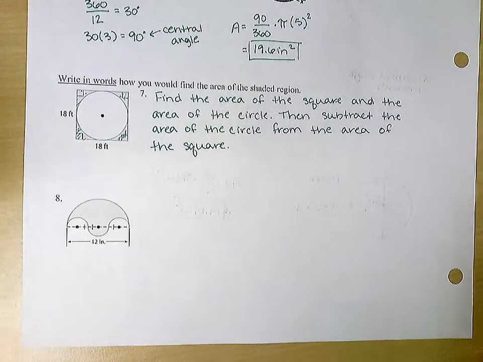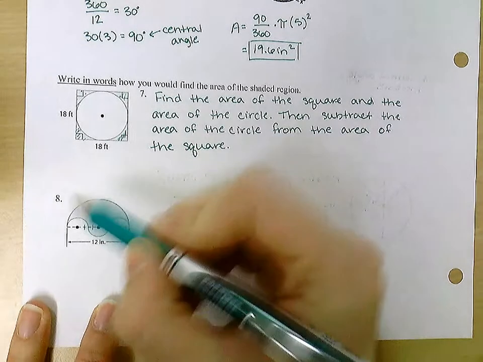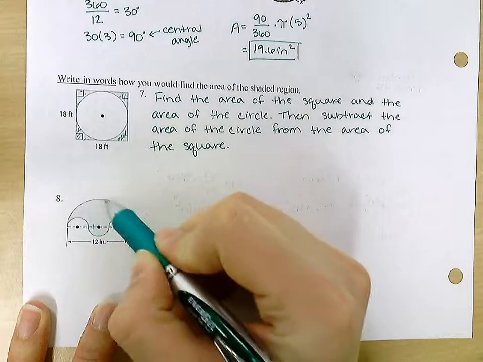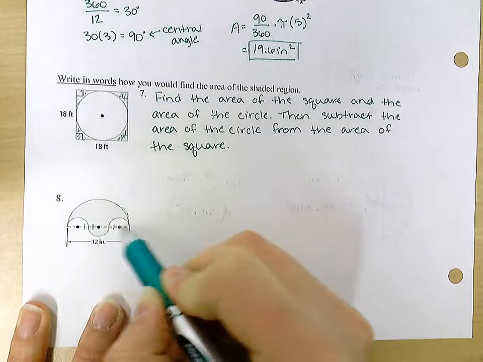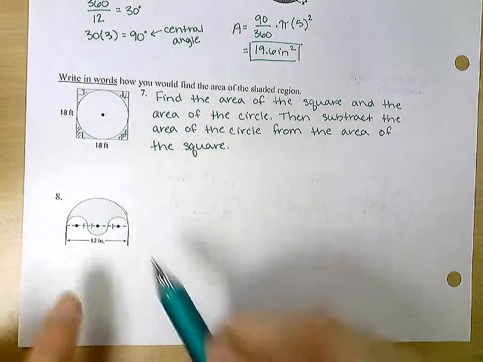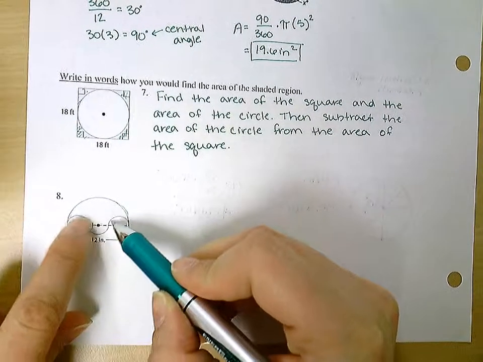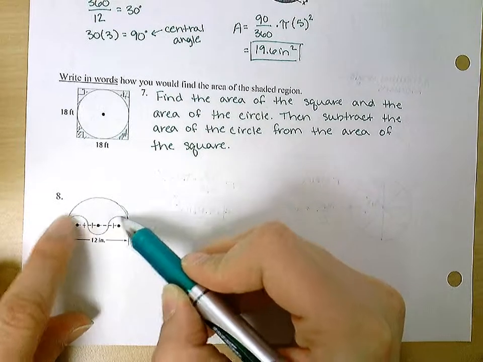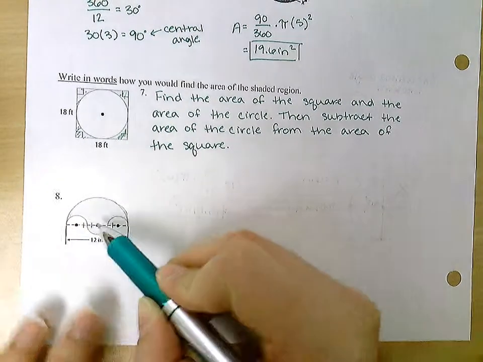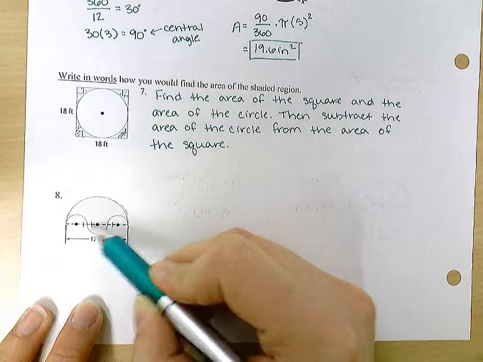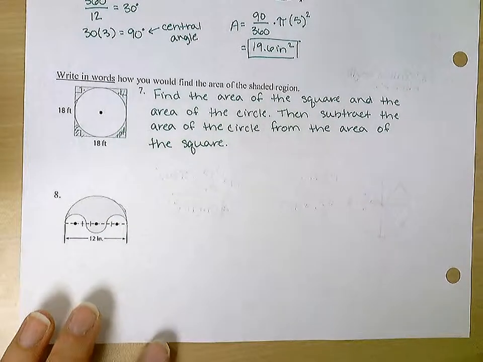All right, last one, number 8. This one looks a little bit funky here, but if you notice, you do have this larger half circle. The pieces that are cut out from it are these smaller half circles. Okay, but I do have this one half circle added on, right?